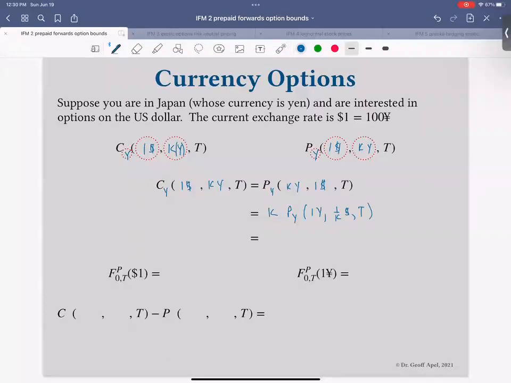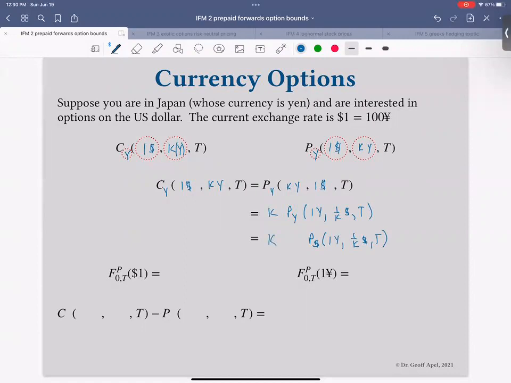Now I need to change this to a put in dollars, and I'm going to have K of those.